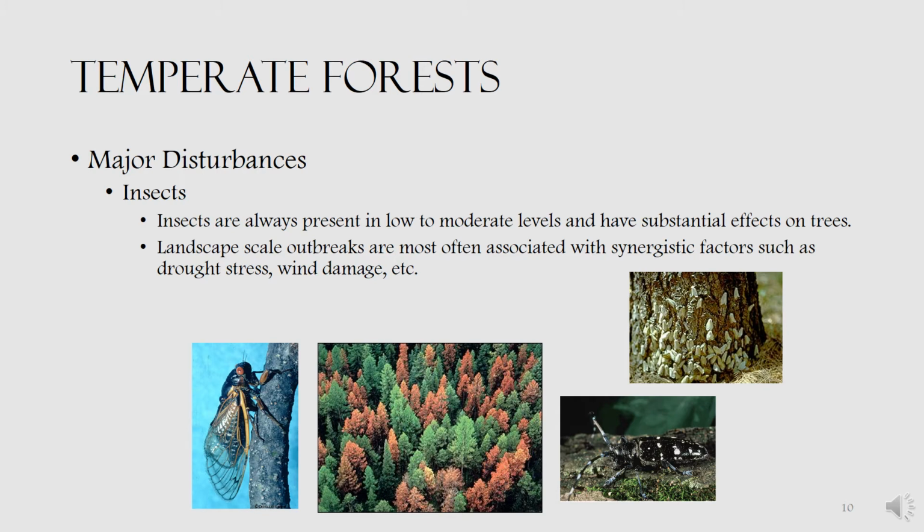They can push the insects out and are fairly resistant to them, which is why insect outbreaks are also often synergistic. Those large landscape scale outbreaks are generally associated with a decline in tree health due to drought or wind damage or other things that have impacted the trees already, making them more susceptible to those insect invasions.